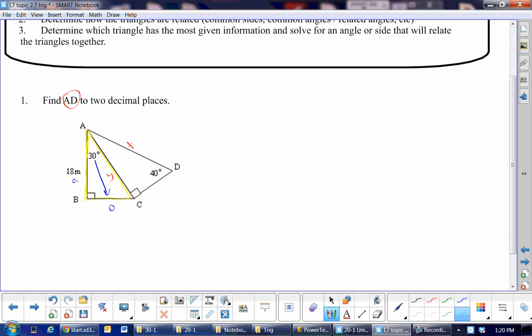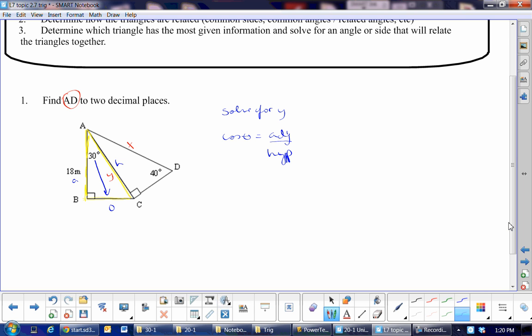That would be adjacent, that's hypotenuse. What I don't care about in this case is the opposite. I just care about the adjacent and the hypotenuse. So that's cos. So we're going to solve for y. We have cos theta equals adjacent over hypotenuse.